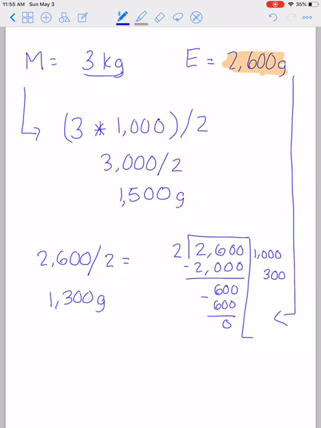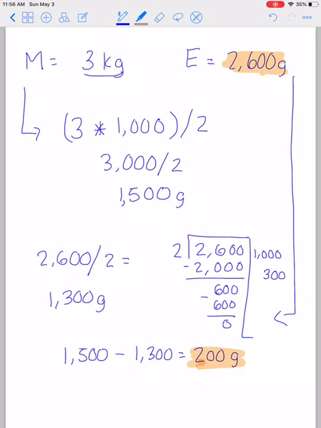So you need to subtract. So if I did 1,500 grams minus 800 grams, I'm left with 700 grams. Michaela's one roller skate is 700 grams heavier than Evander's one roller blade.